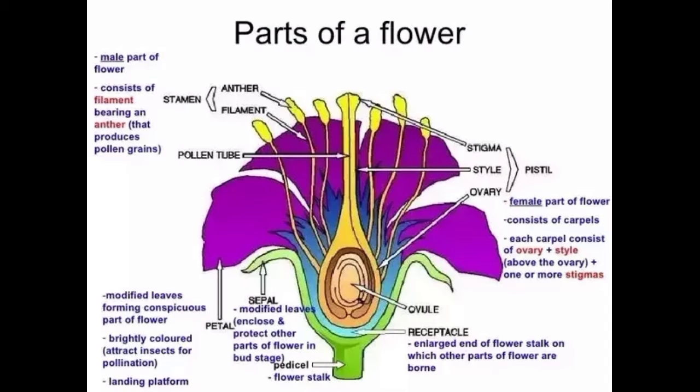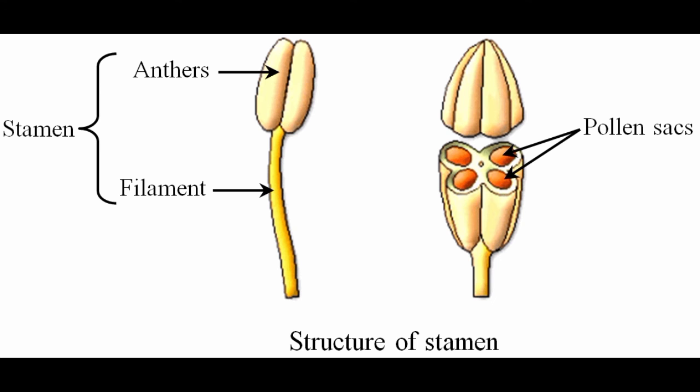Next comes the androecium. Androecium is the male reproductive part of a flower. It is formed of stamens. They lie just within the corolla, and there might be several stamens in a flower. Each stamen consists of two parts, a filamentous stalk and a swollen bilobed anther.